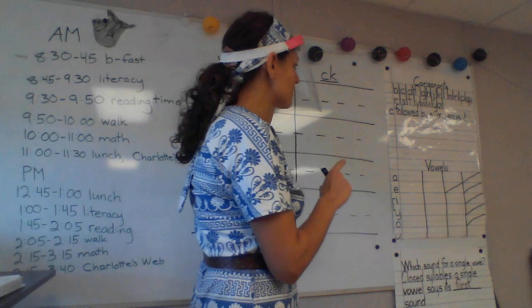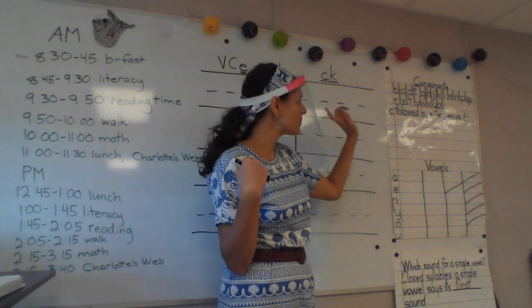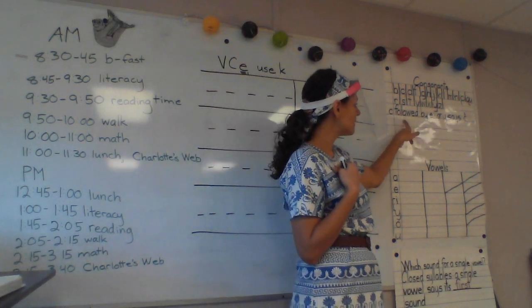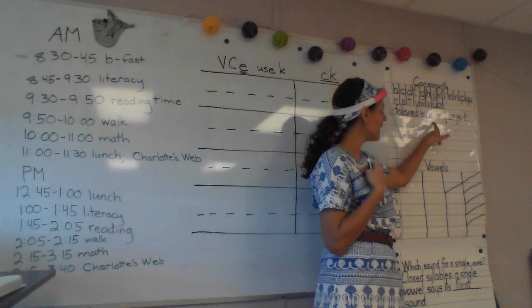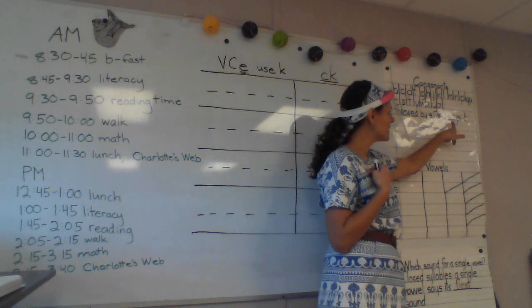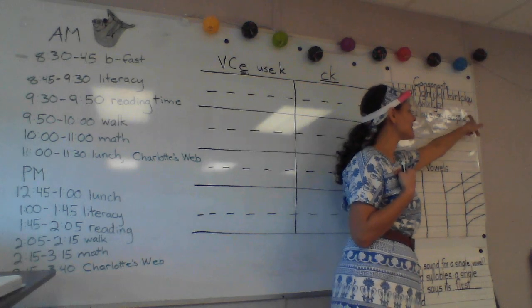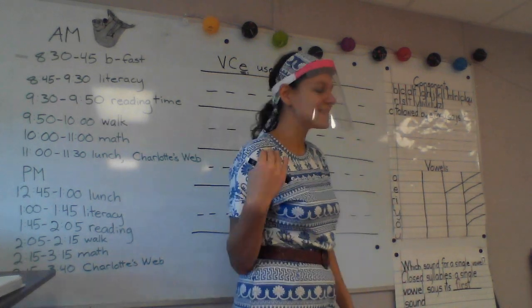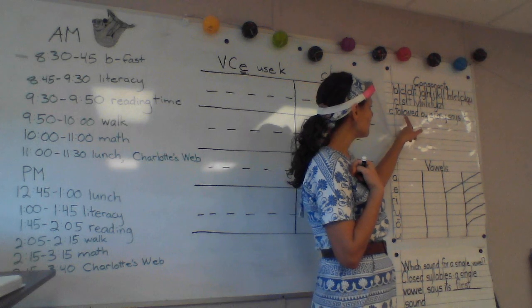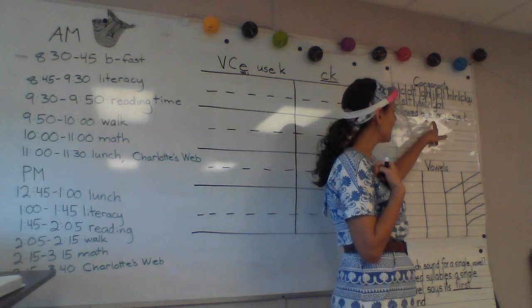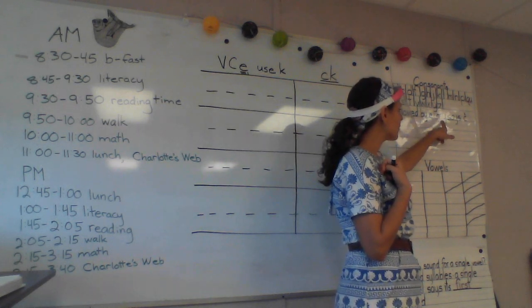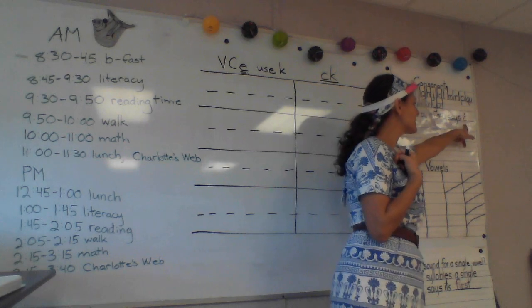I put it up here on the board to help us. I want you to say this rule with me. C followed by E, I, or Y says S. Right, and for this I say S because it has the 2 on top of it. So let's say that one more time. C followed by E, I, or Y says S.